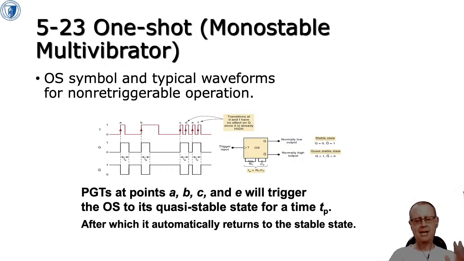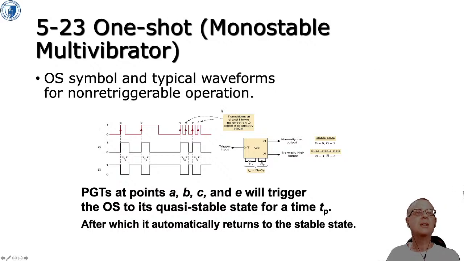The pulse output will be TP long. If it's retriggerable, then the pulse is going to stay high for TP past the last trigger.